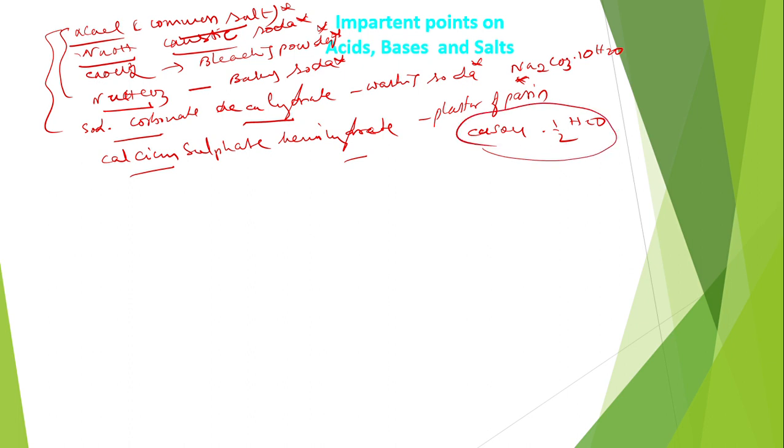See, these are all very important chemical formulas. You have to remember all this. Now we will see how we are going to manufacture NaCl, NaOH, CaOCl2, NaHCO3, Na2CO3·10H2O and plaster of Paris.